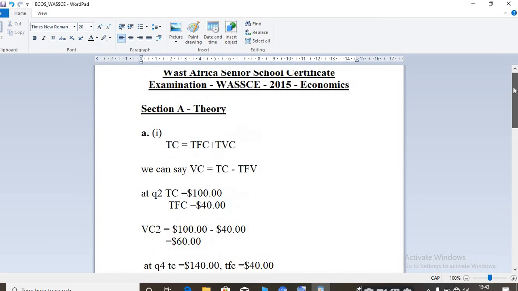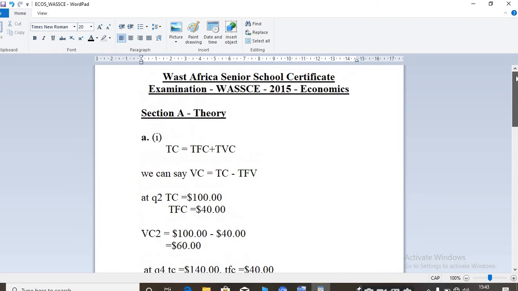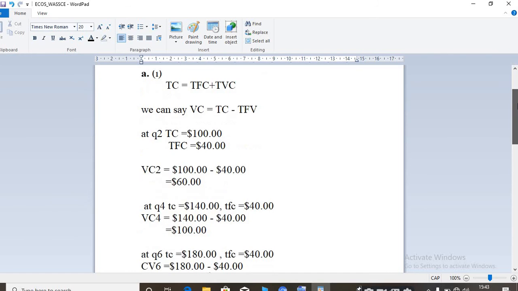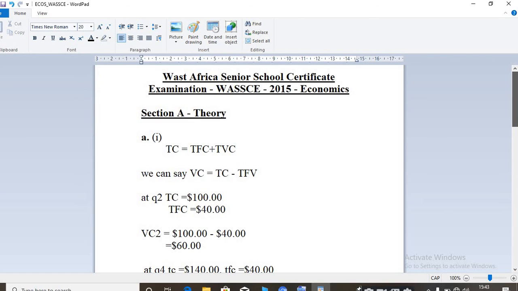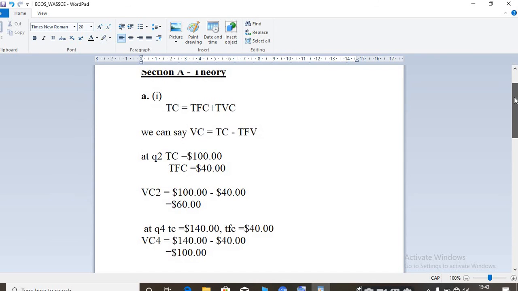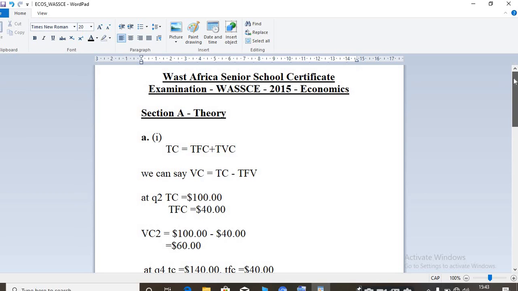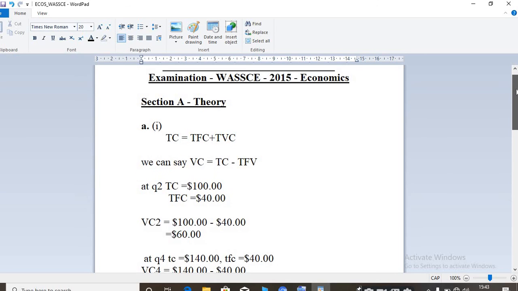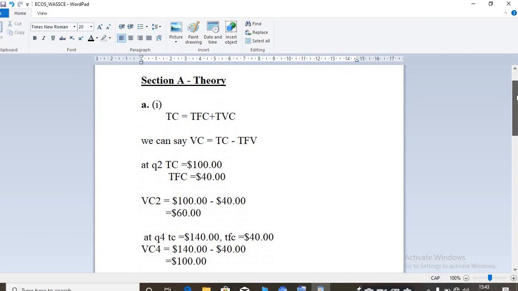So I think this is the requirement for the I part of question A under question number 1. The I part says we should find the VC, which is the variable cost, when the company produces output 2, 4, and 6. In my introductory section, I gave you the formula for the VC.